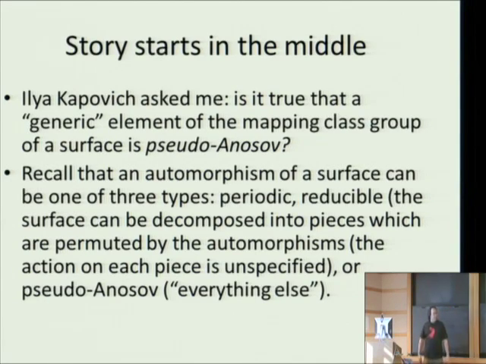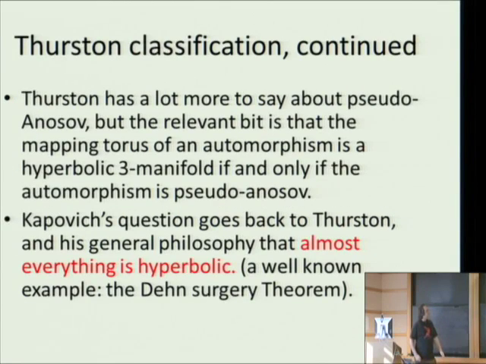Now you say, why would that be? And the answer is that if you take a surface and you glue it, so you take a surface cross an interval and identify the ends by that automorphism, then the resulting object is hyperbolic if and only if the mapping is pseudo-Anosov.